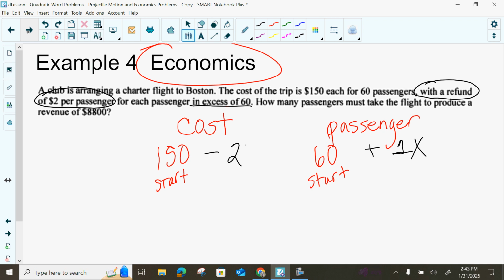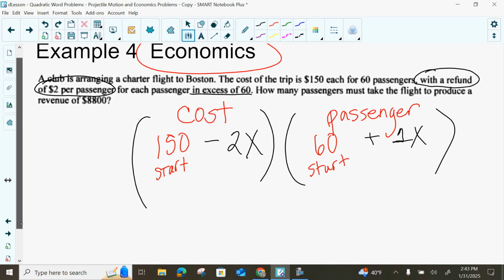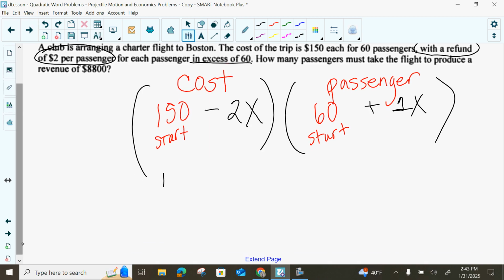That means I'm going to get $2 every single time. Those are your parentheses. So again, money, item, money, item. So I'm just going to write it a little cleaner so I have room. So 150 minus 2x is going to be 60 plus x.